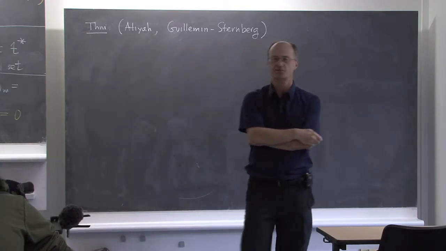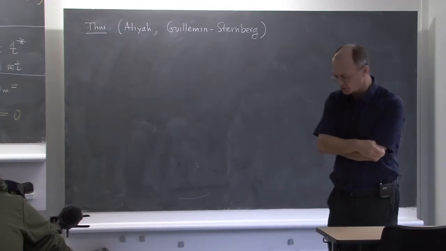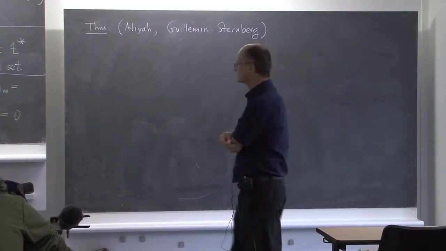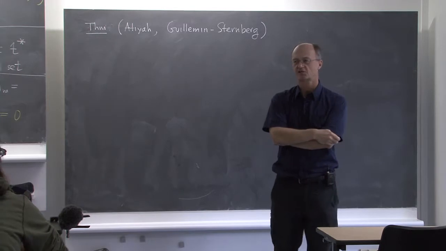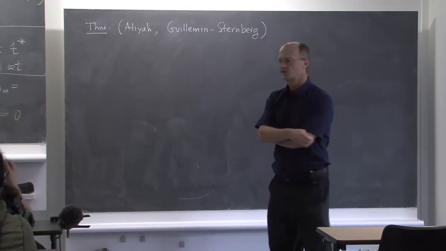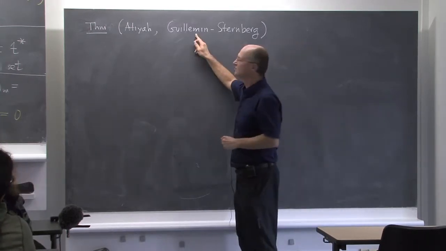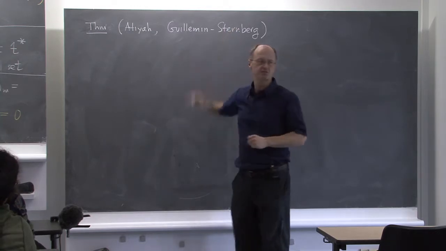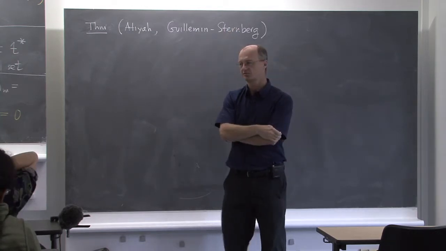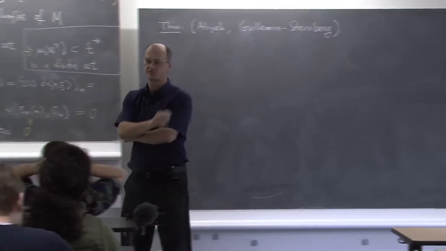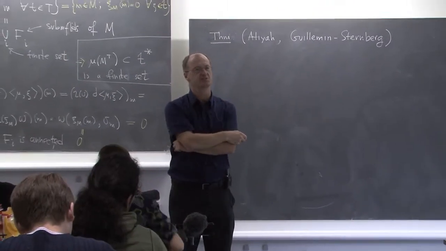In preparing today's lecture, I took a very long time hesitating between the two proofs. In the end, I think we settled on a somewhat updated version of the Guillemin-Sternberg proof, but in the exercises there will be some glimpses of Atiyah's proof.